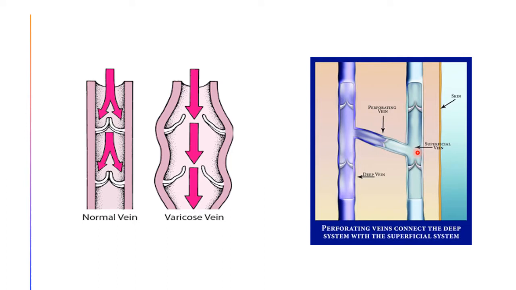These are the superficial veins, the long and short saphenous system, which are connected to the deep veins by what we call perforator veins, or perforating veins. Blood from the superficial system flows into the deep system, and this is secured by the presence of unidirectional valves.